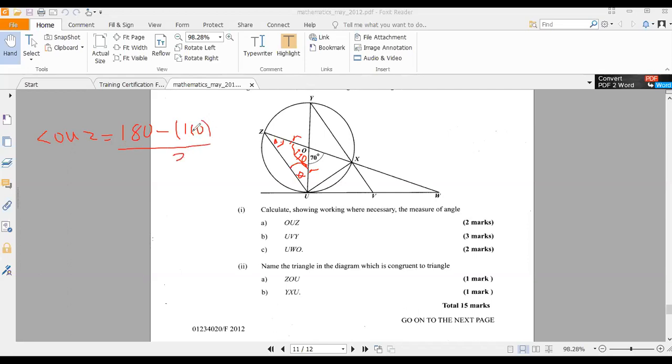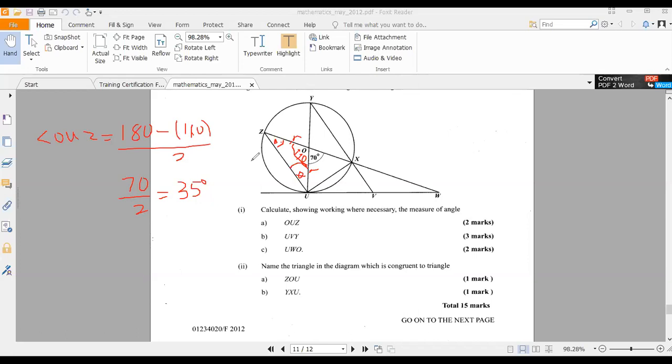When we work it out, this gives me 70 degrees divided by 2, which will give me 35 degrees. So this is one way we could have found that. So that means here is 35, here is 35, and here is 110. When you add the 110 plus the 35 plus 35, that will give you 180 degrees.